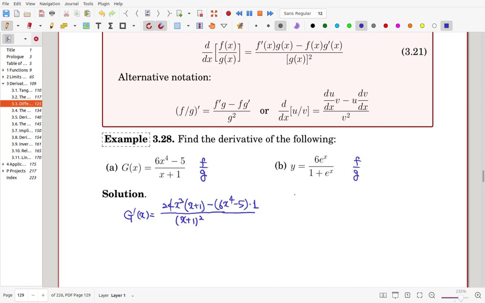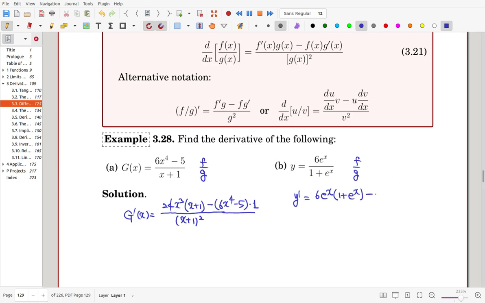Okay. So here y prime is the same as f prime g minus f g prime, over g squared. The derivative of e to the x is the same as e to the x, so 6 e to the x is f prime, and g is 1 plus e to the x, minus.